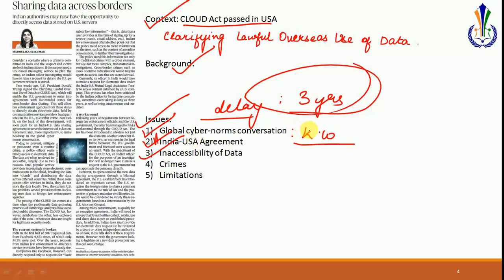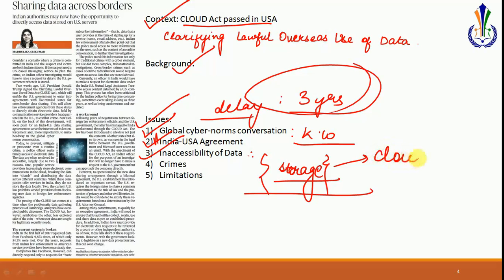Another issue is with regards to the inaccessibility of data. Now what you need to understand here is that at present, often it is very difficult for various countries to get data from US. This is primarily because of, first and foremost, the storage of data is an issue. Now the data that is being generated within India is not stored within India. The storage of this data is done on the cloud.